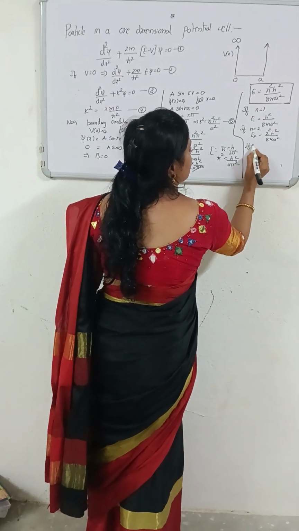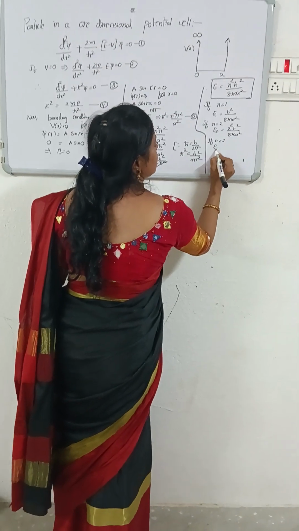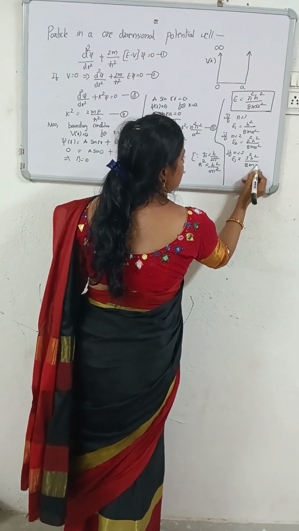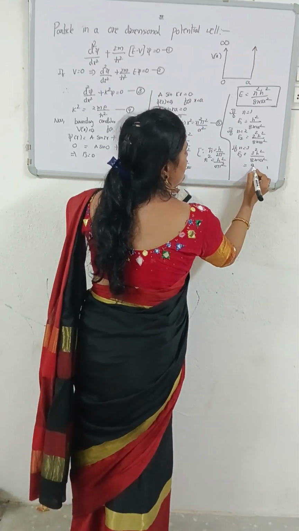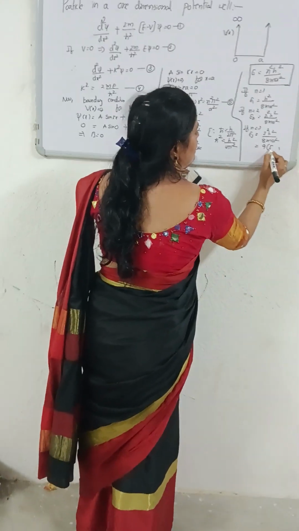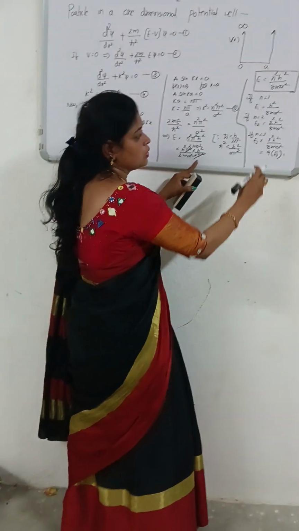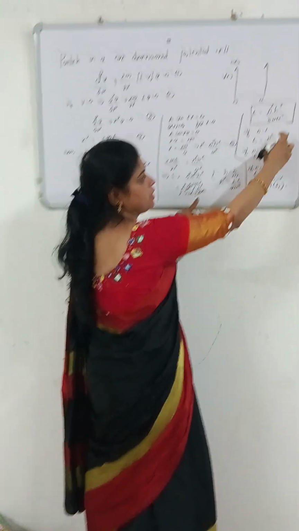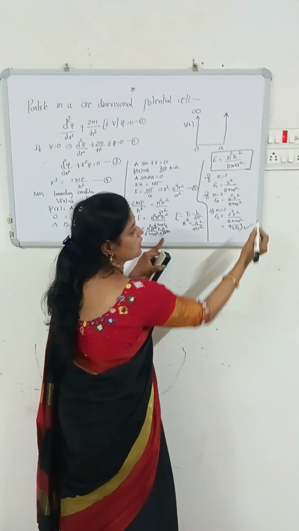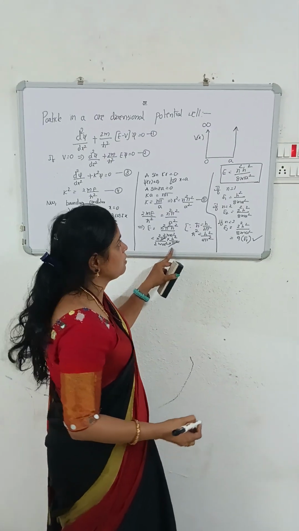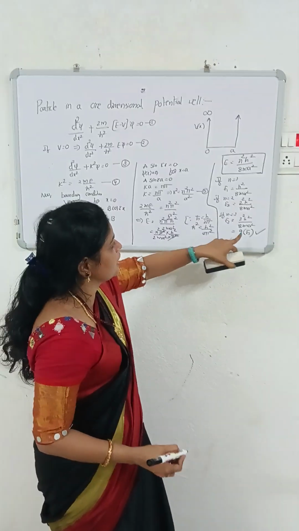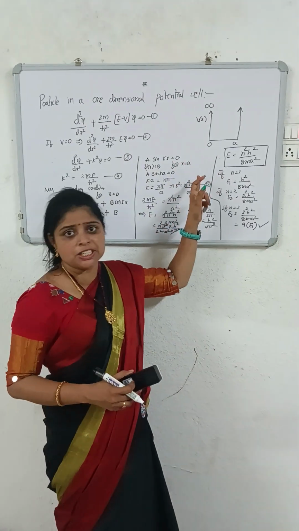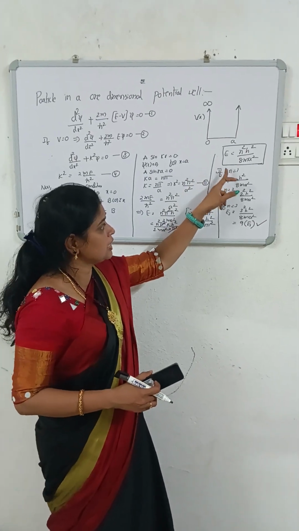If n equals 3, E3 equals 3 square h square by 8m a square, which means 9 times E1, because 3 square is 9 and h square by 8m a square is the value of E1. So E3 equals 9 E1. Like this, by using the potential box we can calculate the energy of the particle.